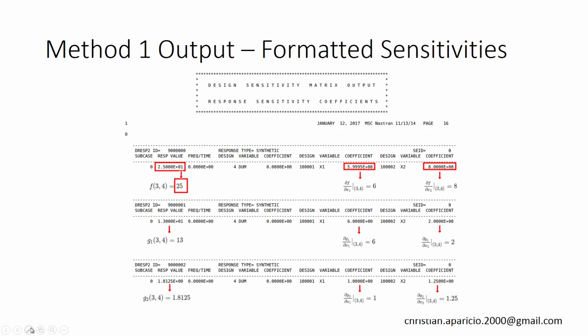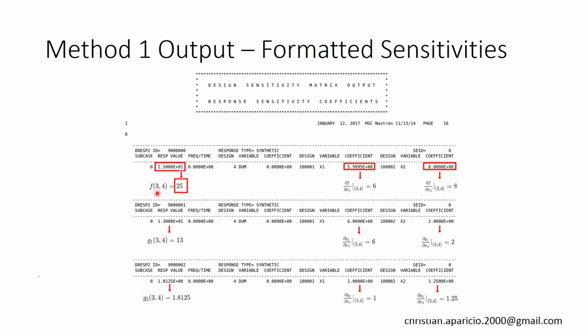Imagine that this is column 1, this is column 2, this is column 3, and then this is column 4. In this first column, we have a value of the objective function at 3, 4. So this is the value of the objective function at the initial design.